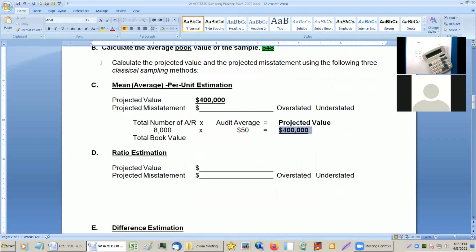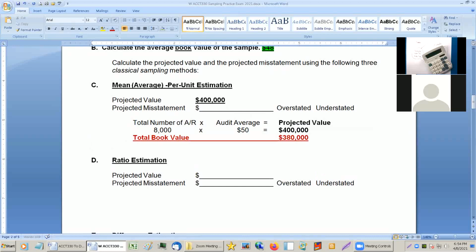Okay, so total book value was 380, and so this would be an understatement of 20,000.